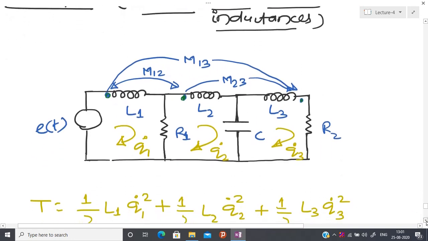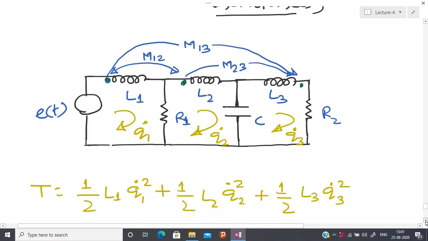Again you can see that you have to identify all the lossy elements. The lossy elements are only R1 and R2, so they are responsible for dissipation.